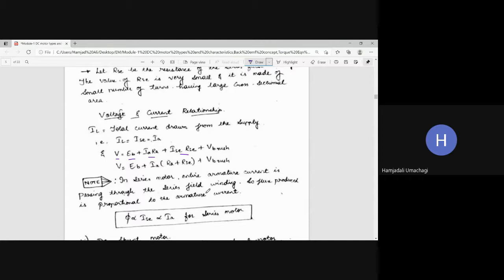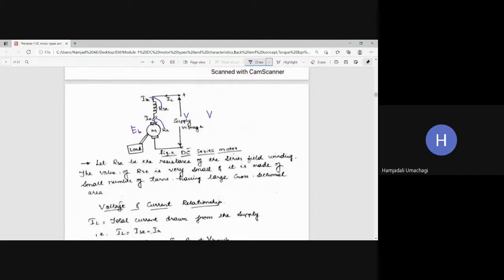So here we know that the series field winding current is what here? What is the current that is carried by the series field winding? Isc. Very good. And which winding gives us the main required flux? The important flux is given for us by which winding?